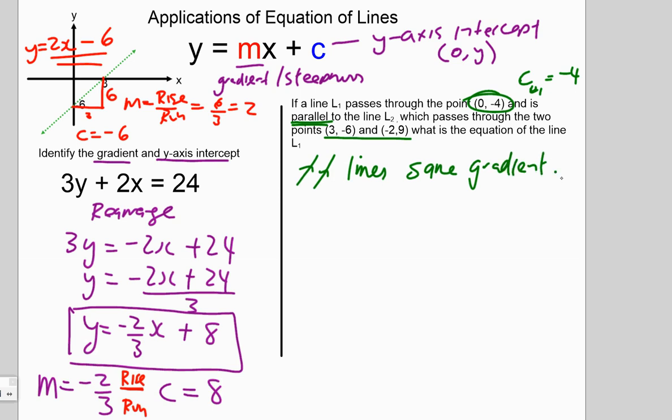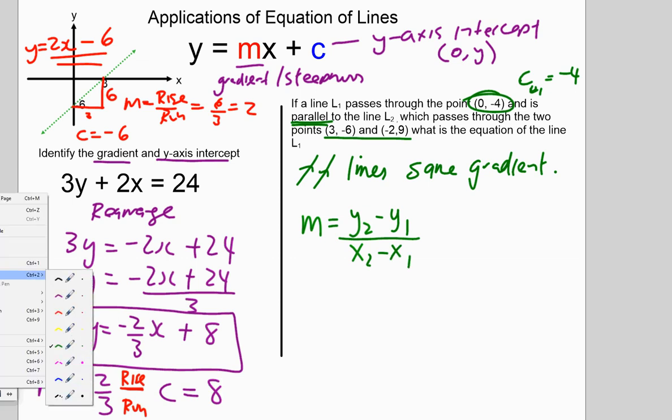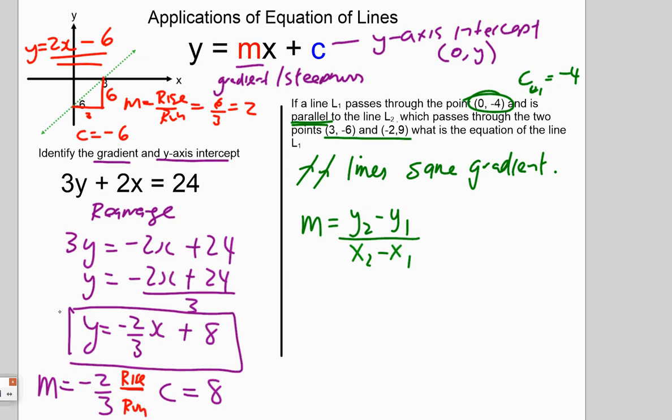So let's find the gradient of L2. The gradient formula is m equals y2 minus y1, the difference in the y values, divided by the difference in the x values. It's really important to always label your coordinates, so I'm going to label them x1, y1, x2, and y2.